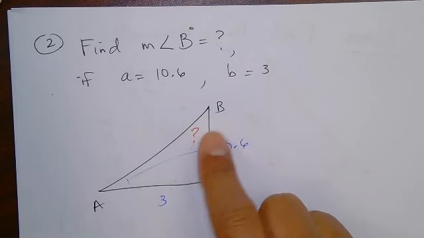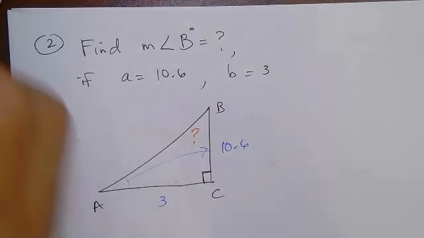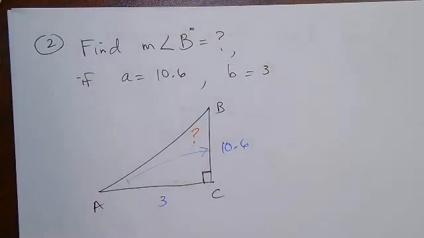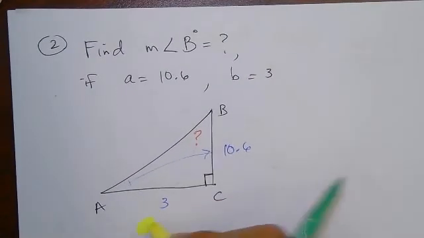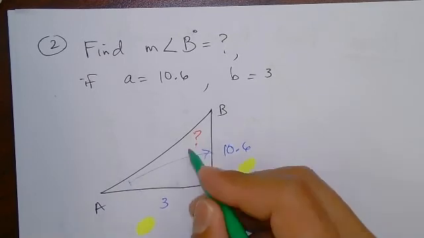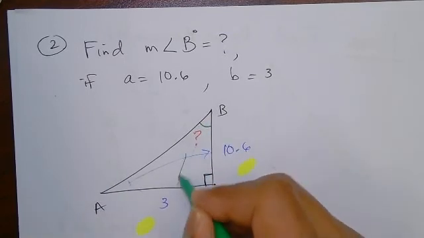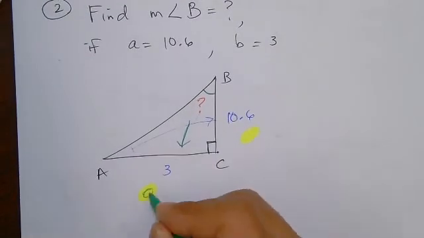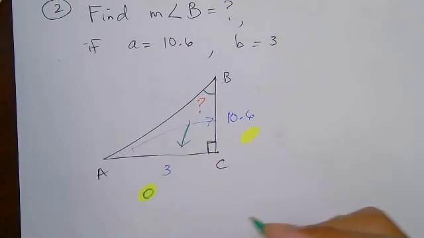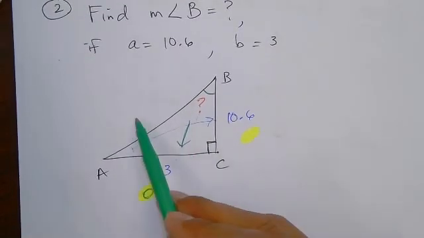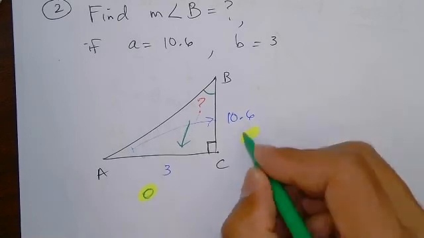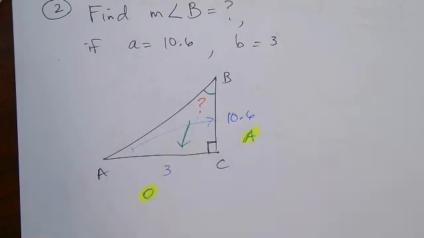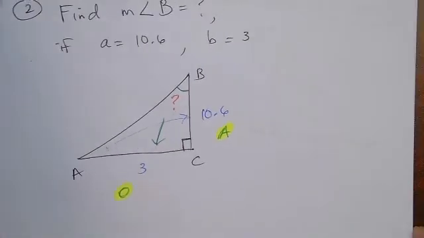Well, this one only gives you 2. That's fine. I only needed 2 anyways. How am I going to find the measure for angle B? What 2 sides did they give us here? According to this angle, this is the opposite side, and not the hypotenuse, because the hypotenuse is over there. So the opposite and the adjacent.